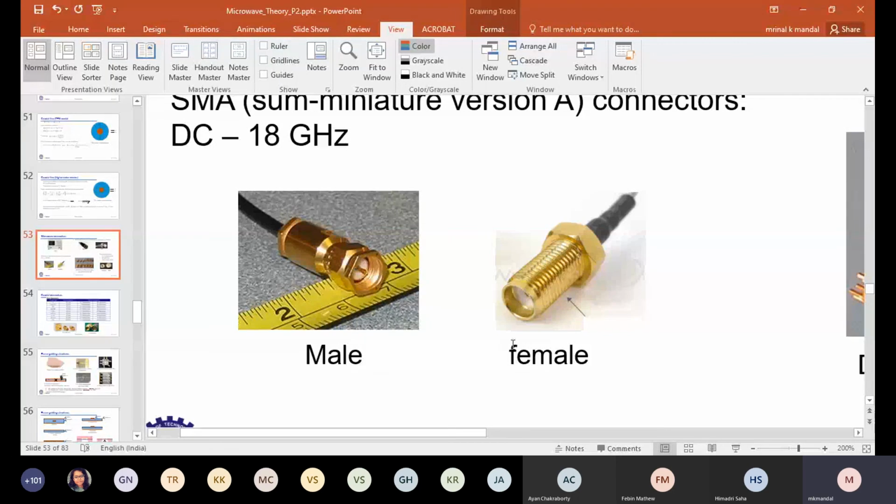Why? If I connect, let's say, this male and female together, and now you turn either one, female or male, when the inner conductor of the male touches the inner conductor of the female, then if you turn it, you actually have friction, and it can displace the inner conductor, particularly for the air dielectric.